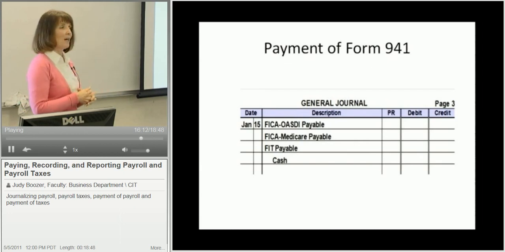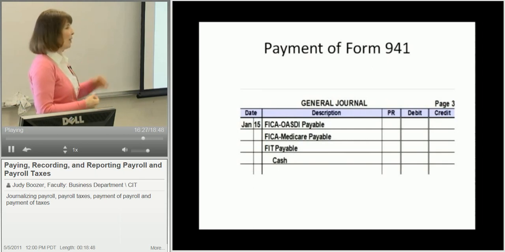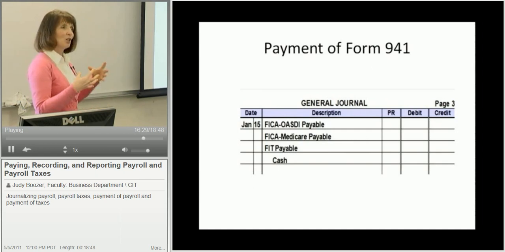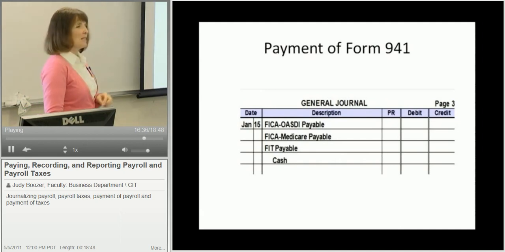Now, what about Medicare? Again, both of them. We deduct it from the employee's paycheck, and the employer also has to match it. So it's getting paid from both places. So when we go to pay for it, it's going to look like it's doubled the amount that we took from the employee. And FIT. Who pays for this one?